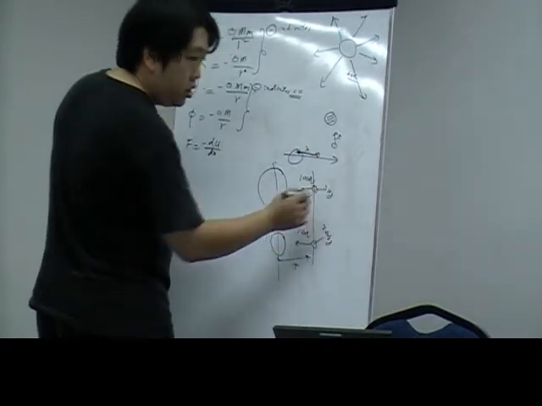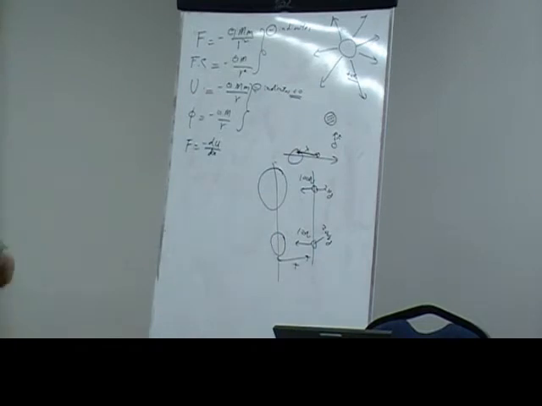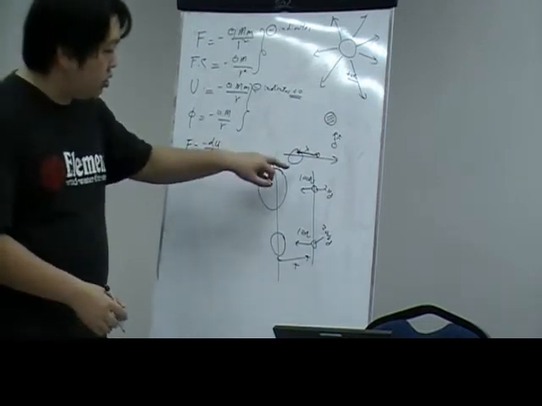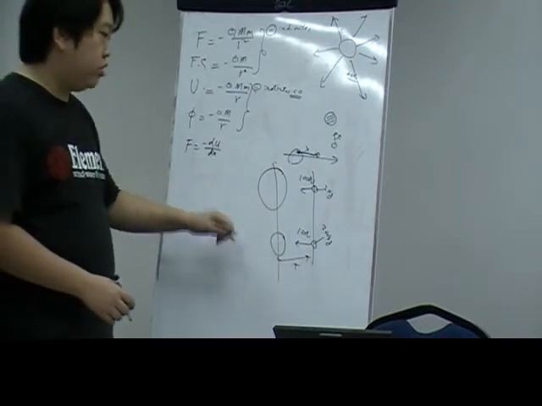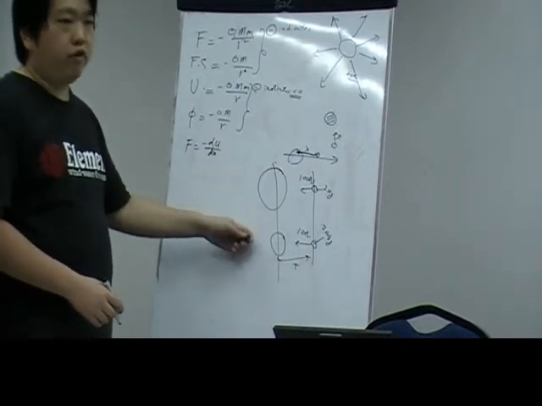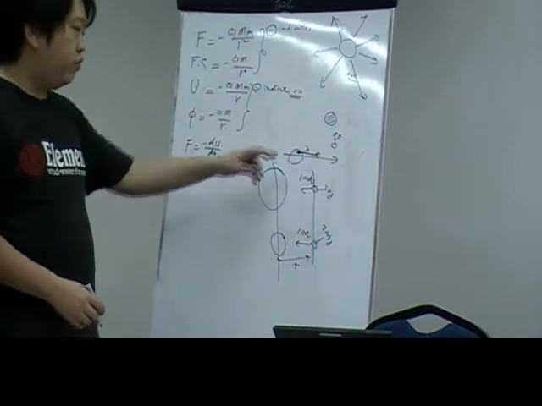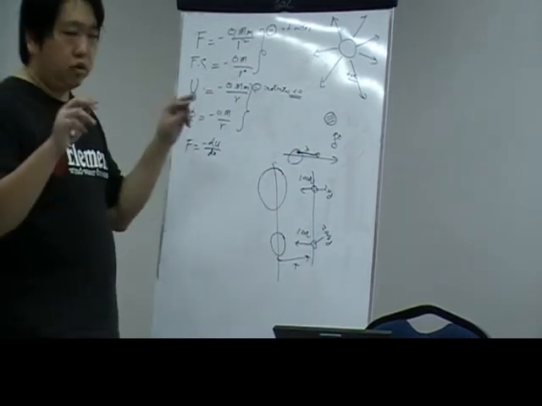So judging by the force and the distance alone cannot tell you which one has a stronger gravitational field. This is why force cannot be the strength of your field.